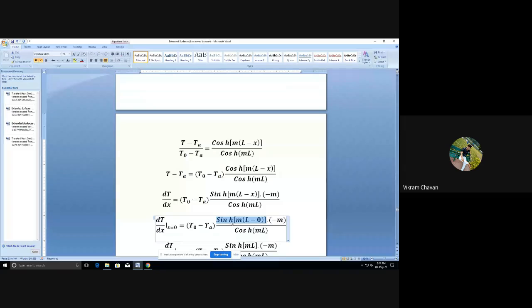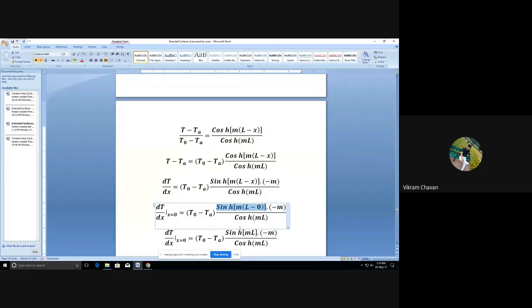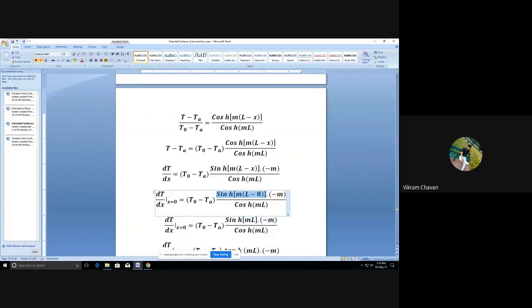Okay, so our term will be sinh of m(L minus 0) multiplied by minus m divided by cosh of mL as it is. So we will get the equation as dT/dx at x equal to 0 is equal to (T0 minus Ta) multiplied by sinh of mL multiplied by minus m divided by cosh of mL.